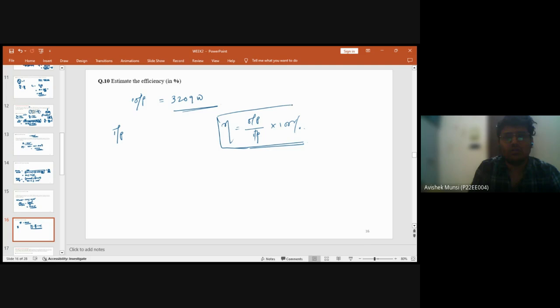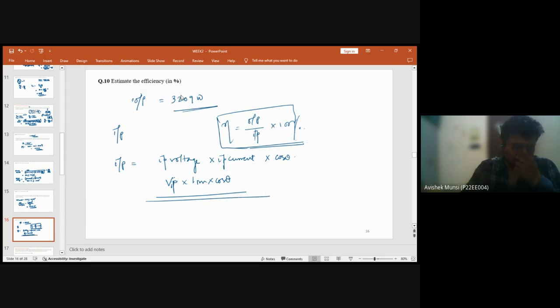So we have to calculate the input power, and for input power, we have to know the input voltage into the input current into cos theta. That is V input into I input into cos theta.